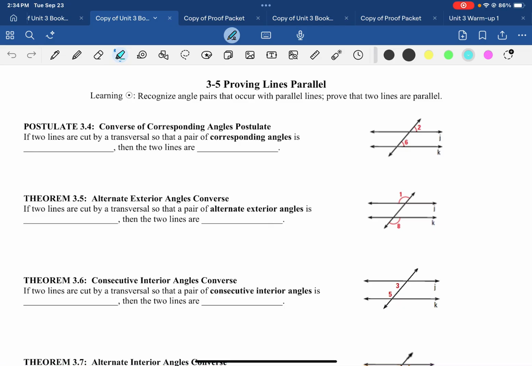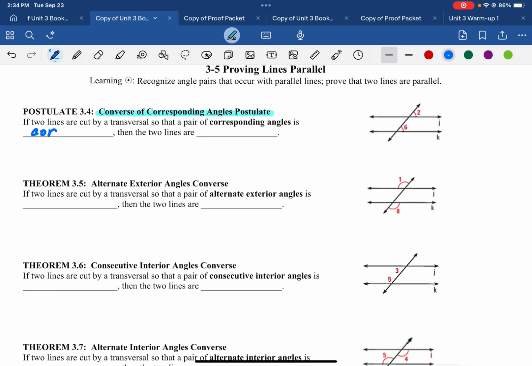If you look at the first one, the converse of the corresponding angles postulate, this says, if two lines are cut by a transversal so that a pair of corresponding angles is congruent, then the two lines are parallel. If I look in this figure and I see, oh, angle 2 and angle 6 are congruent, those are corresponding angles.